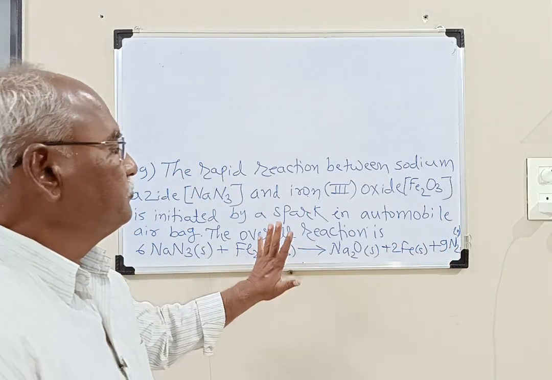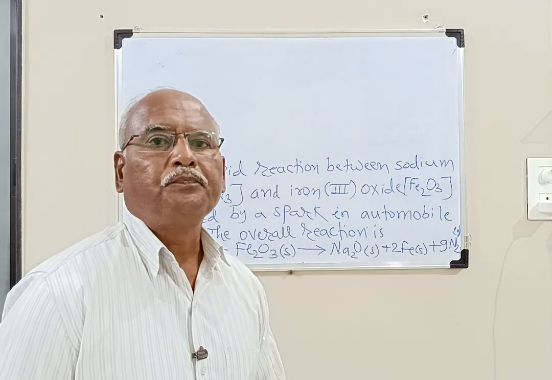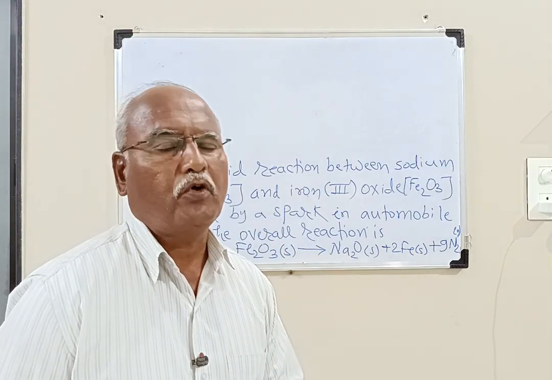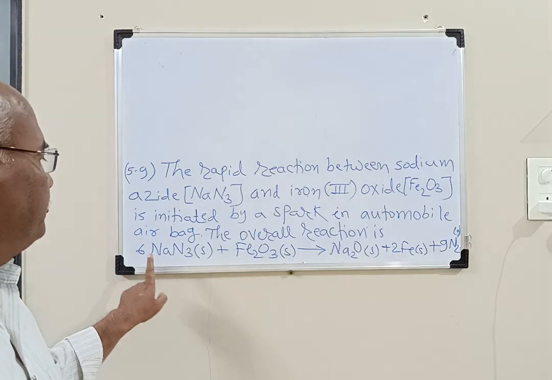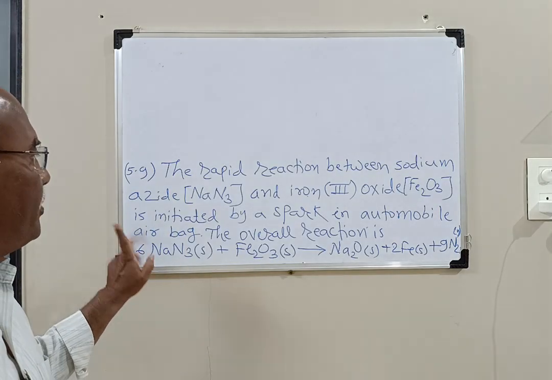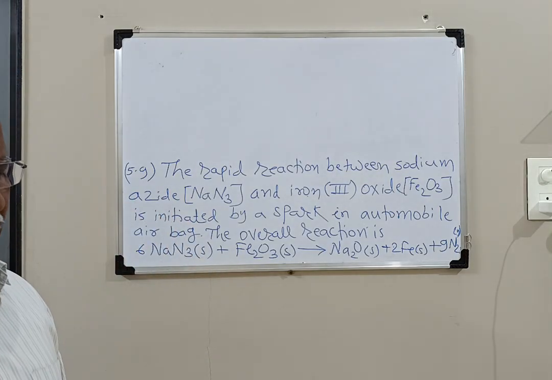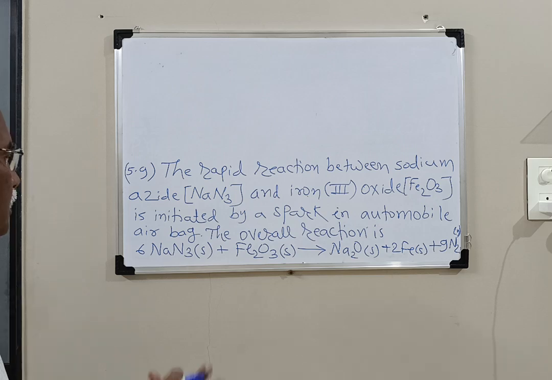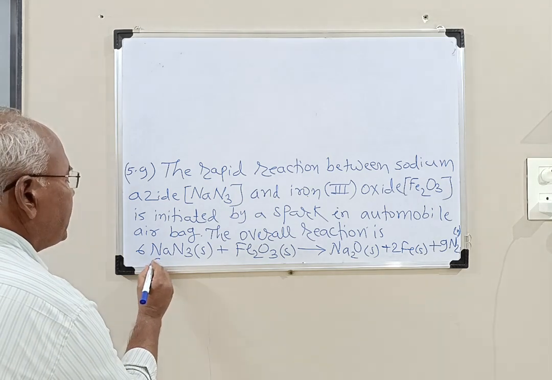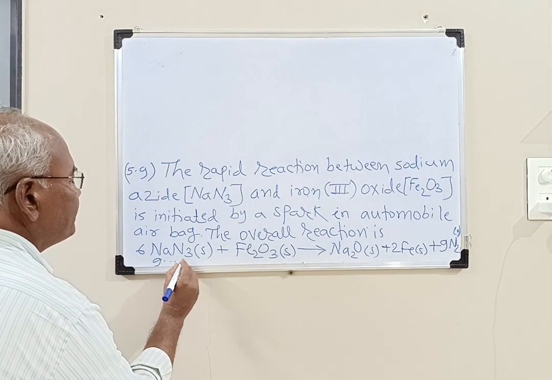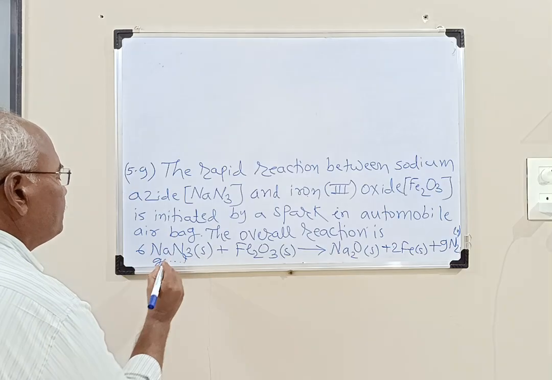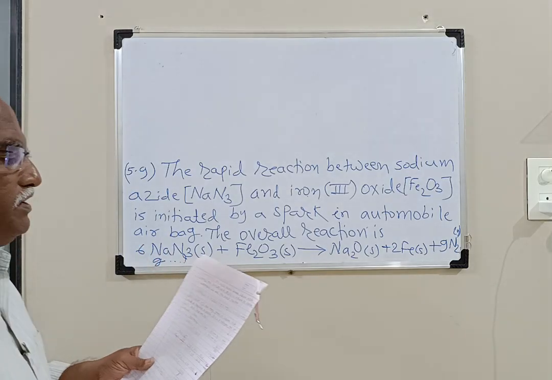So this is a stoichiometric reaction involving gas volume. This reaction is also provided in the problem. First we have to find out how many grams of sodium azide. We have to calculate grams of this sodium azide.